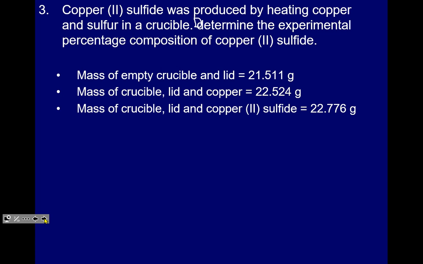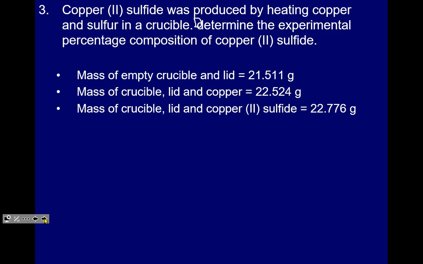So in the end, the crucible contains our product. We've got a number that allows us to determine the copper, and a number that allows us to determine the total. From that, we should be able to determine the percentage composition.